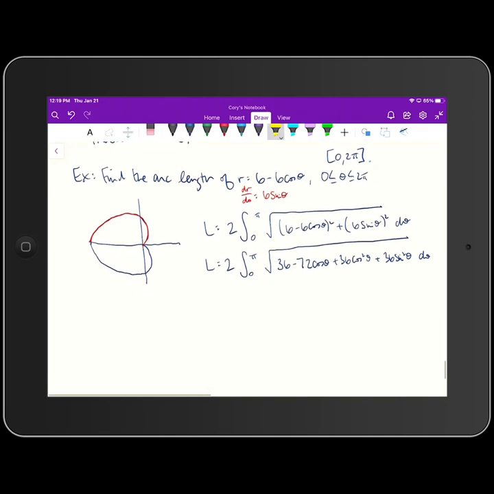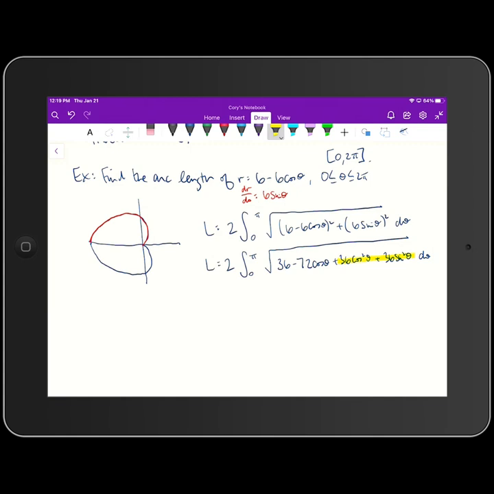Now, when we look at this expression here, 36 cosine squared plus 36 sine squared, if I factor a 36 out of both of those terms, we get 36 times cosine squared plus sine squared. We know cosine squared plus sine squared is 1. So that gives us 36 times 1, which is 36.